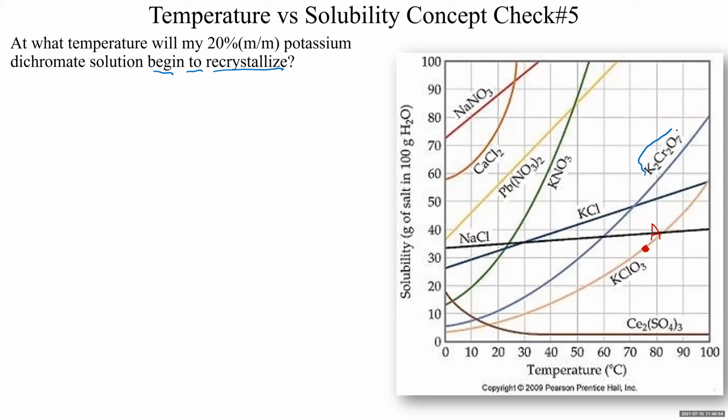It's right here, potassium dichromate. Okay, at what temperature? So this plot obviously represents the point at which something will begin to recrystallize. If it's recrystallizing, then we're assuming that we're at some point above the graph of potassium dichromate, and we are coming down to the graph.